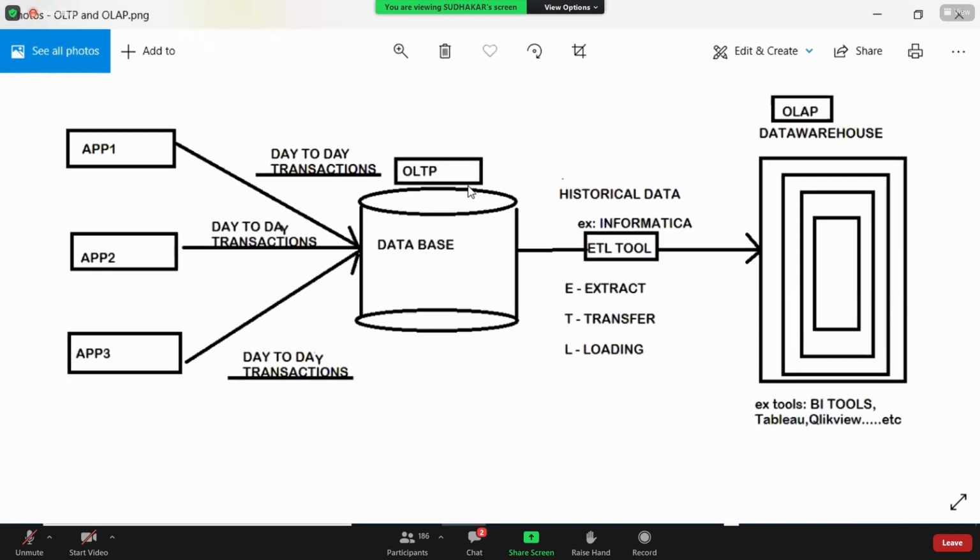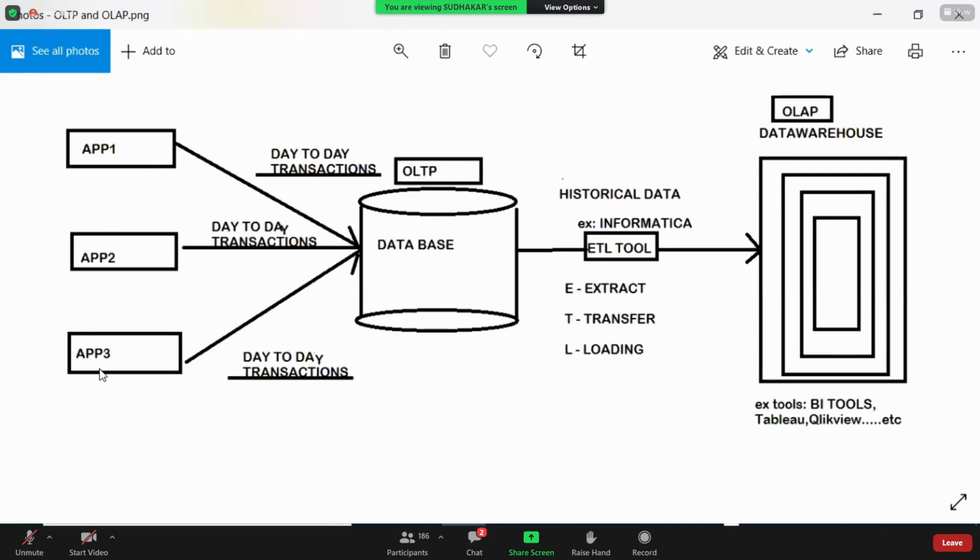In this diagram, can you see? Here I'm using different applications. Maybe it is a transport application like the IRCTC website, or marketing websites like Flipkart and Amazon.